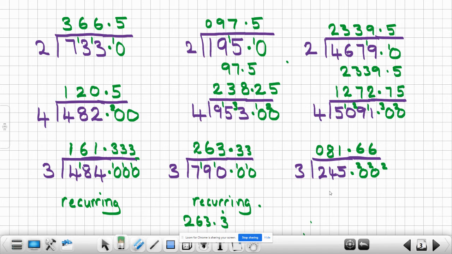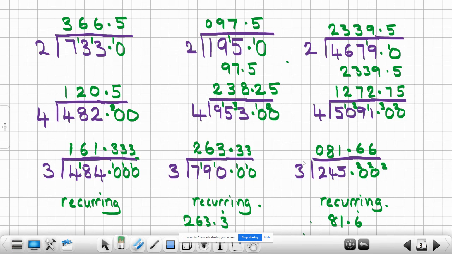And so again, we should be able to see that that's going to be recurring. So that's recurring. And this time we've got a 6. So it would be 81.6 recurring.